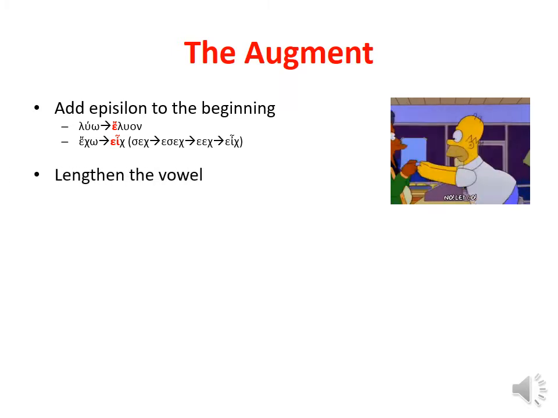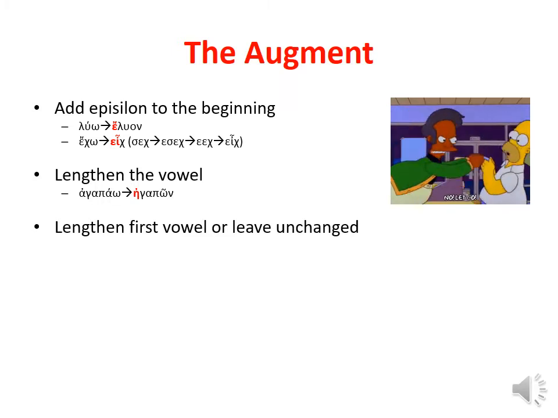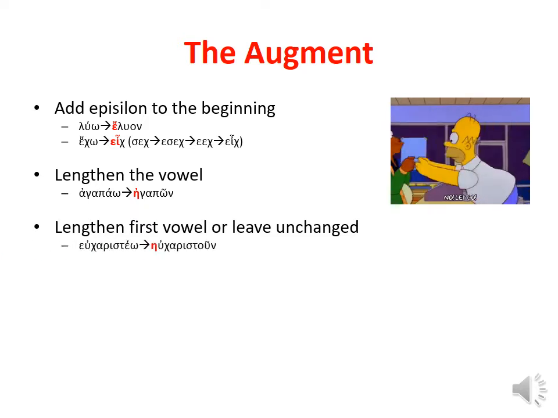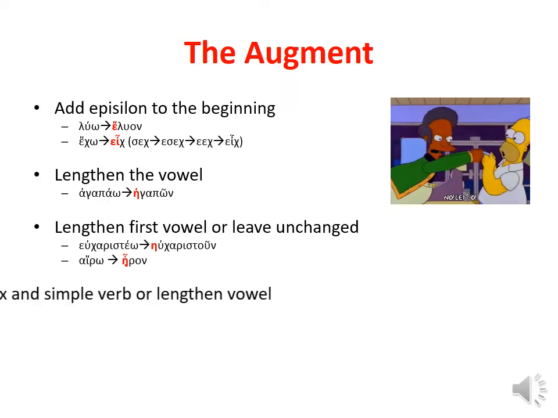Alternatively, if the verb begins with a vowel, you lengthen the vowel to indicate the augment. You could also lengthen the first vowel or leave it unchanged where a verb begins with a diphthong. Eucharisteo to Eucharistun, airo to aaron, now subscripting the iota if you notice.